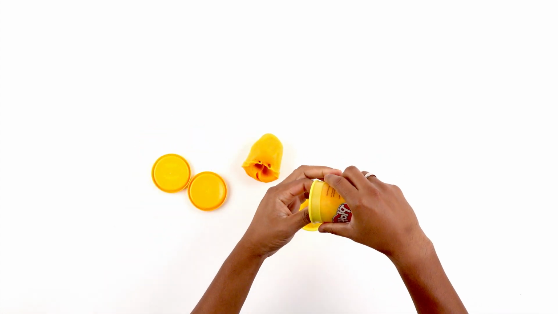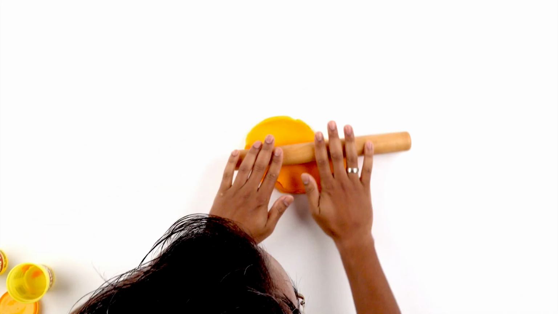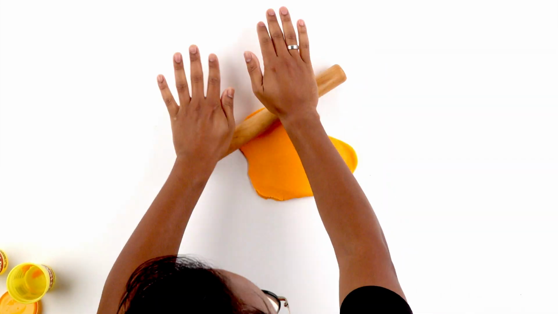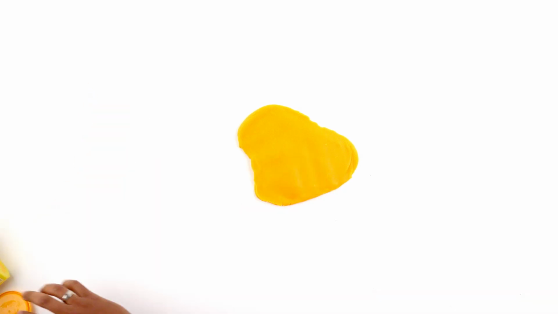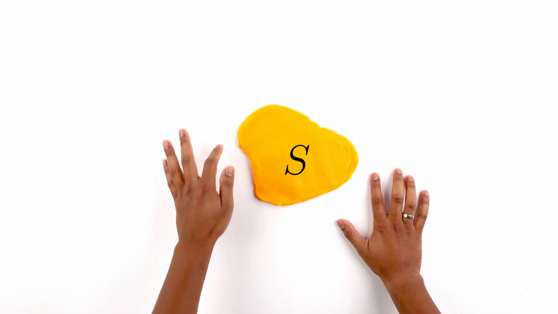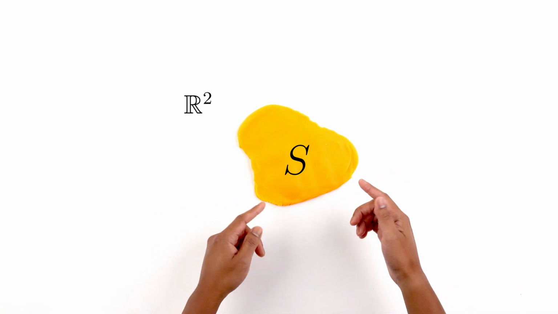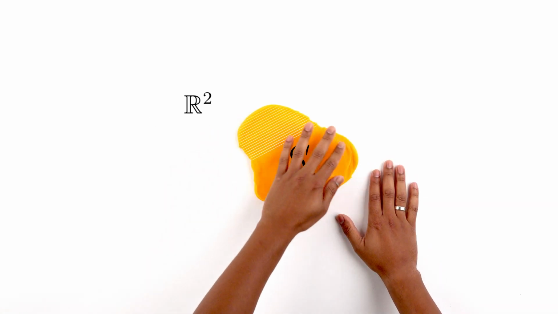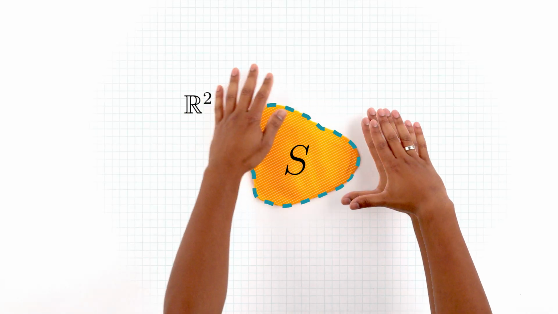Let me roll it out. So think of this as a set lying inside two-dimensional space. We want to understand how to distinguish the inside of a mango from its edge and the outside.